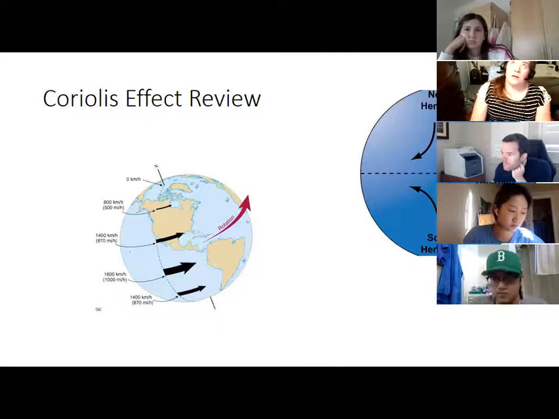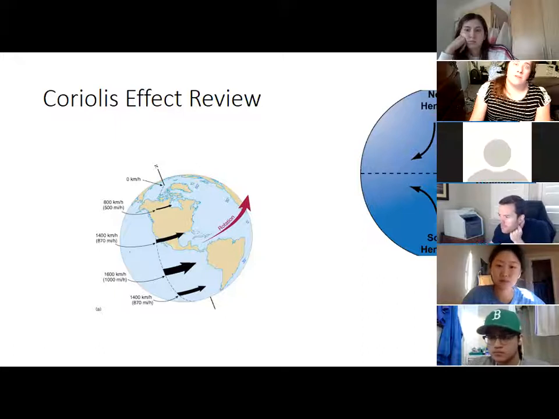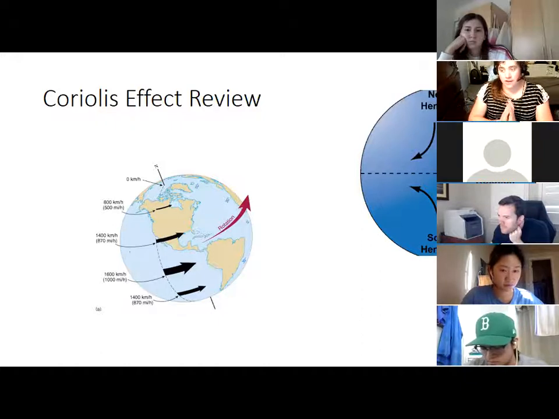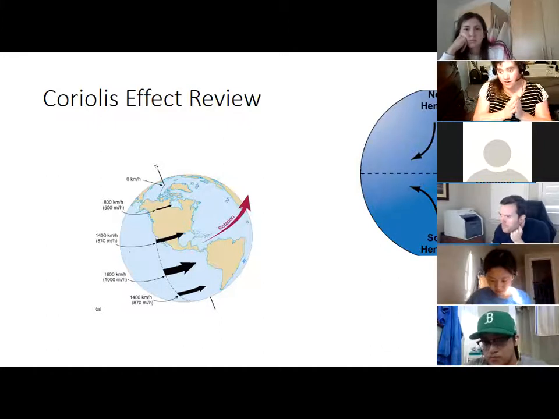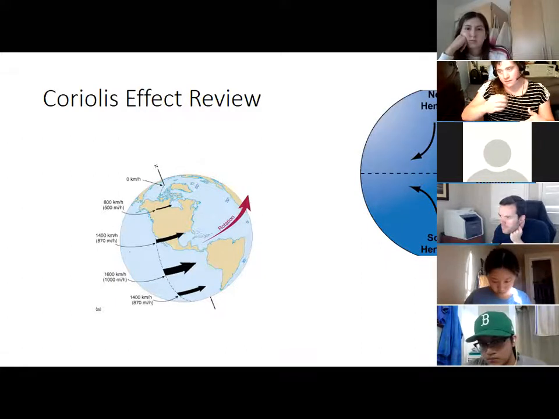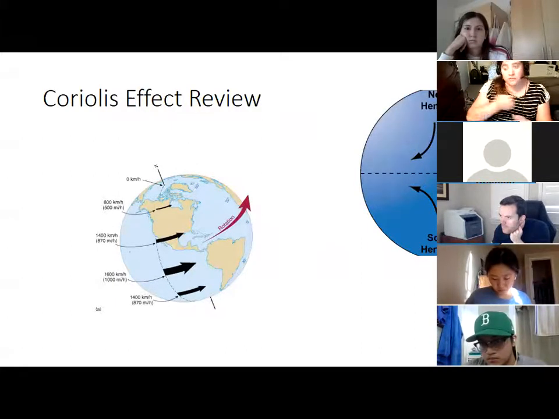But what happens is it gets deflected, and it gets deflected in a direction that, if you are facing in the same direction as the intended direction, it's going to appear to be deflected to the right in the northern hemisphere and to the left in the southern hemisphere, because that's the direction that Earth's rotation takes it in.